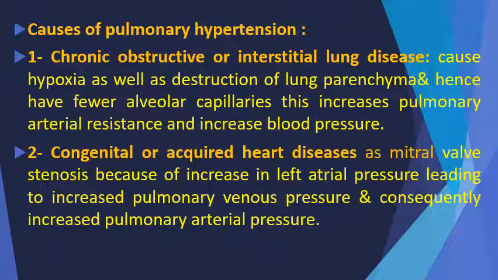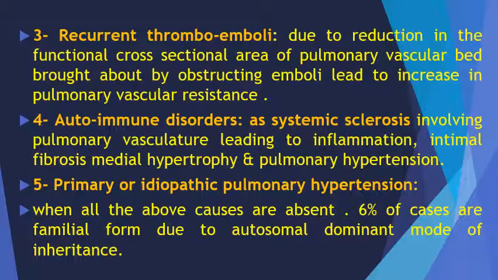Other causes are congenital or acquired heart disease, such as mitral valve stenosis, because when there is mitral valve stenosis, there is an increase in left atrial pressure, which leads to an increase in pulmonary venous pressure, and consequently an increase in pulmonary arterial pressure and vascular resistance.